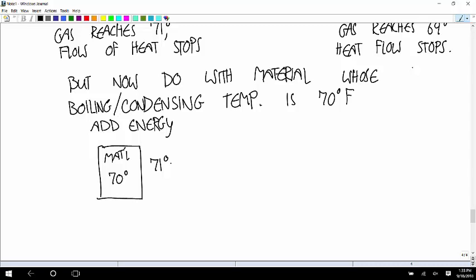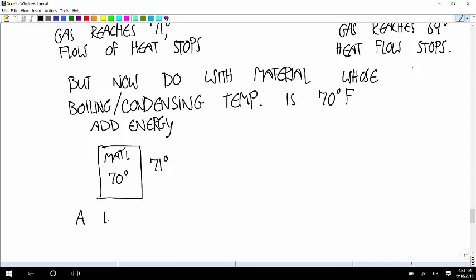But like in the examples above, as soon as you started letting heat flow, this temperature started rising. If this is a saturated liquid, you start letting heat flow in here, all it's doing is changing it from a saturated liquid toward a saturated gas. And a huge amount of energy flows in before that process is complete.